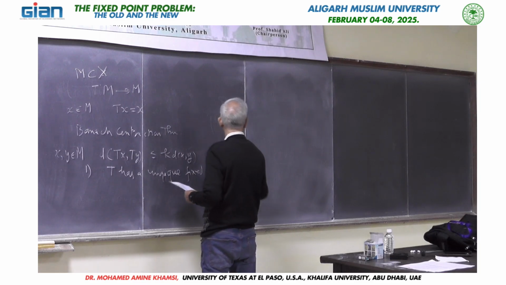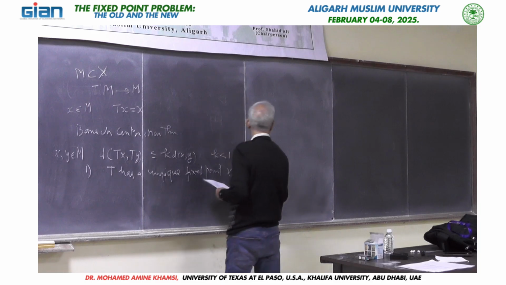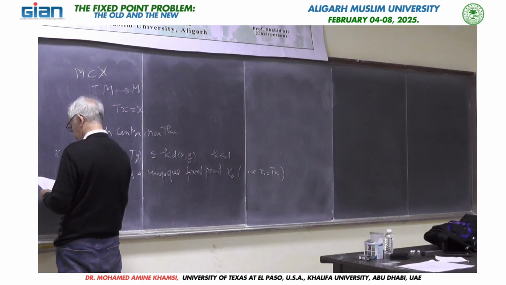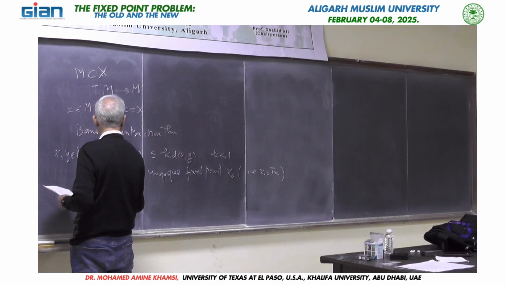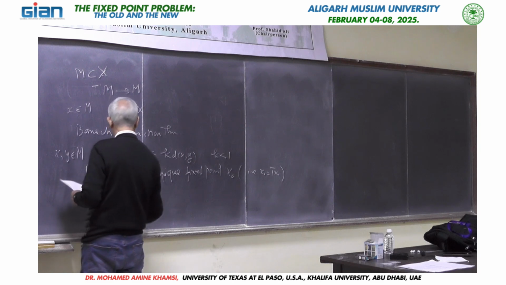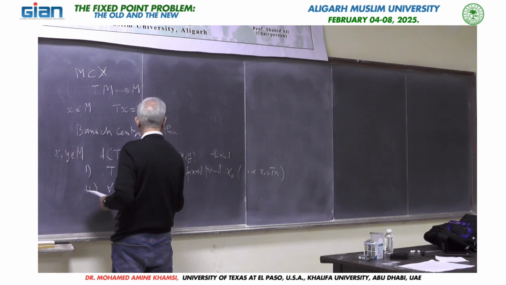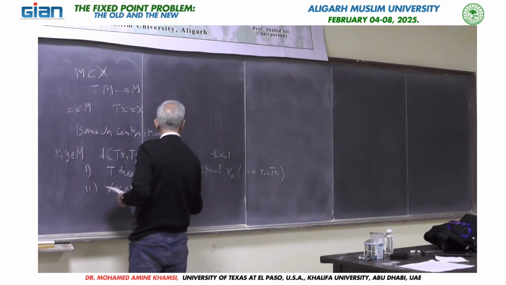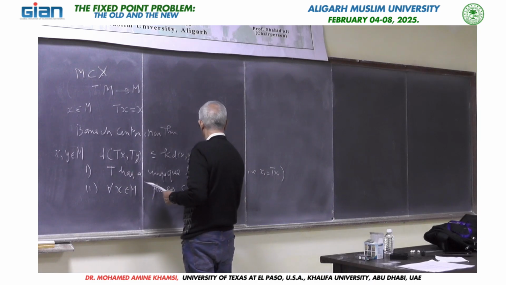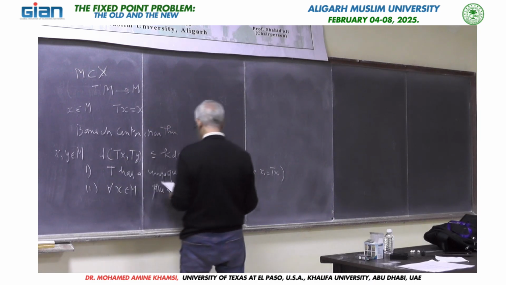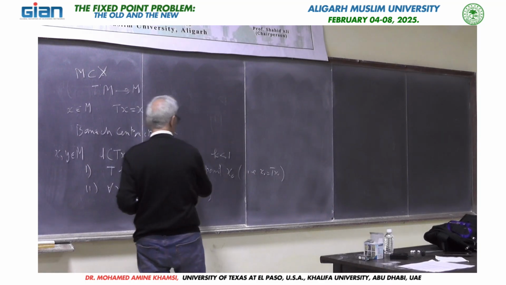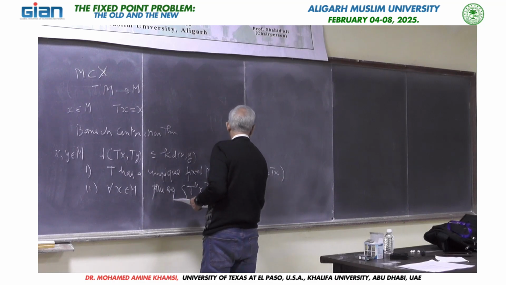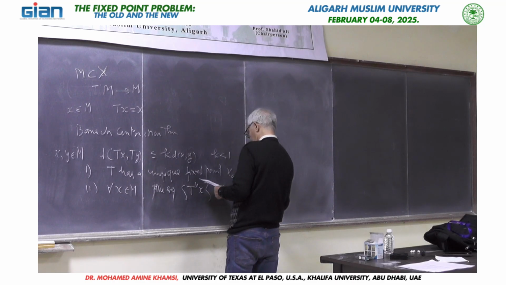Okay. So, that means x0 equals T of x0. And then you start with any x in M and consider the sequence T^n x, that means you repeatedly apply T. Since it is a self map, all these will be in M, and this converges to x0.